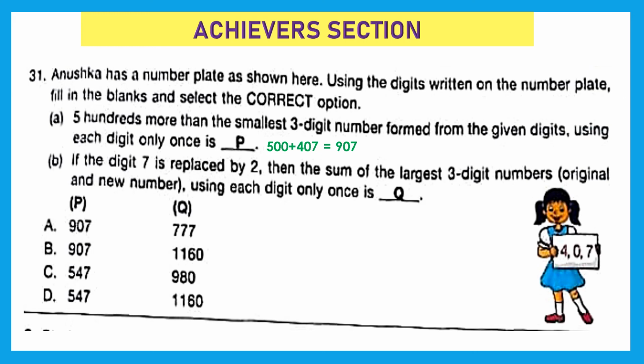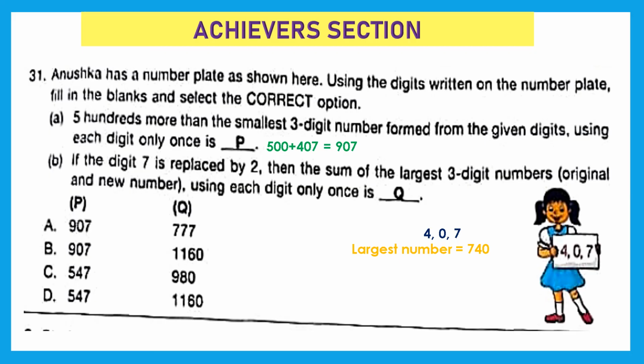So now we will do the tiebreaker for them with statement B. If the digit 7 is replaced by 2, then the sum of the largest 3-digit numbers, original and new number, using each digit only once is. So what we have to do here is, first of all, let's make the largest 3-digit number from the original numbers, like from 407. What do we get? We get 740 as the largest number.